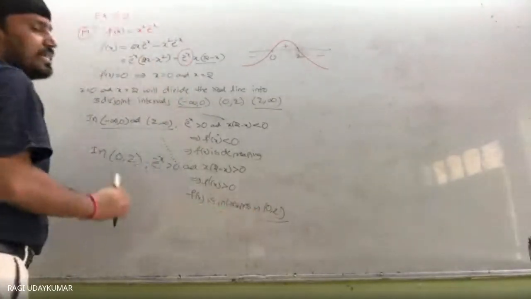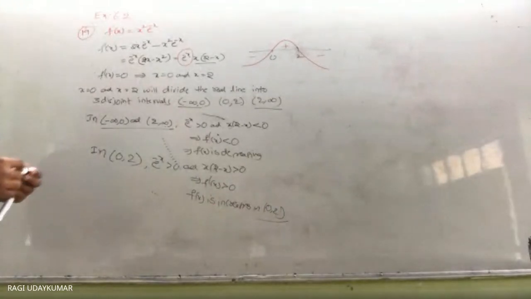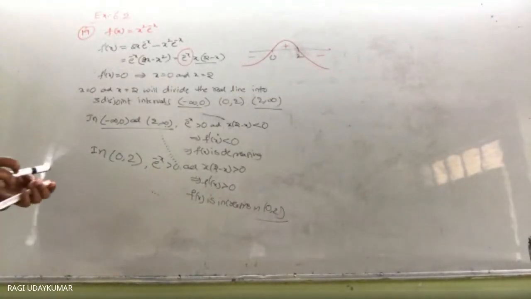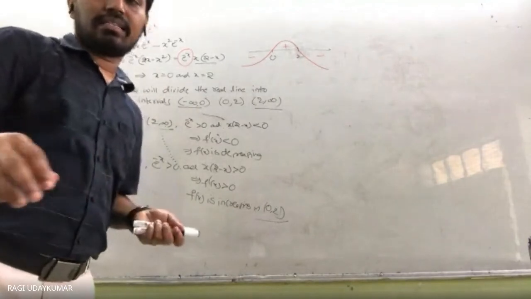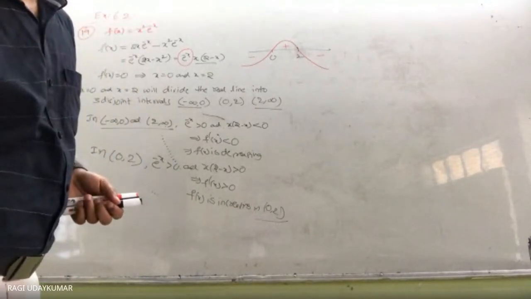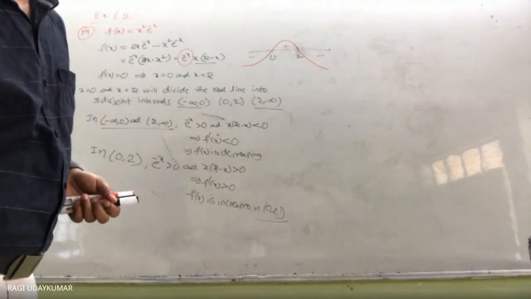In this interval it is increasing. 0 to 2 is the increasing interval, and in the remaining intervals it is decreasing. Did you understand? Increasing functions and decreasing functions, how do we find out?